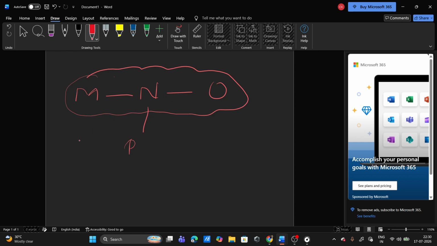Can I say M, N, O is a connected component? What do you say? We'll check if every vertex is reachable from every other vertex or not.